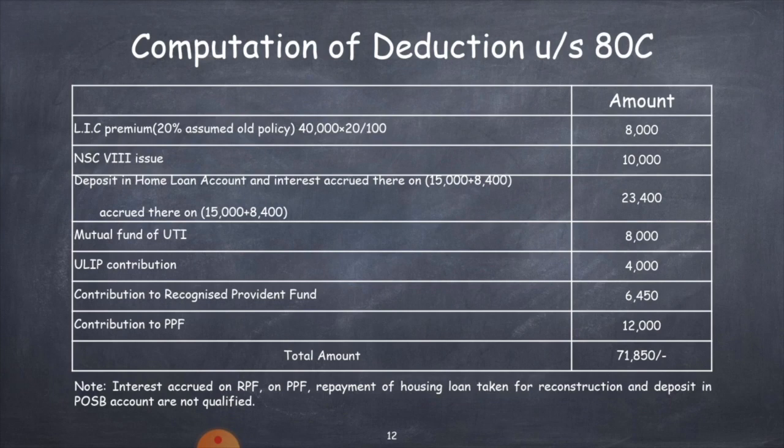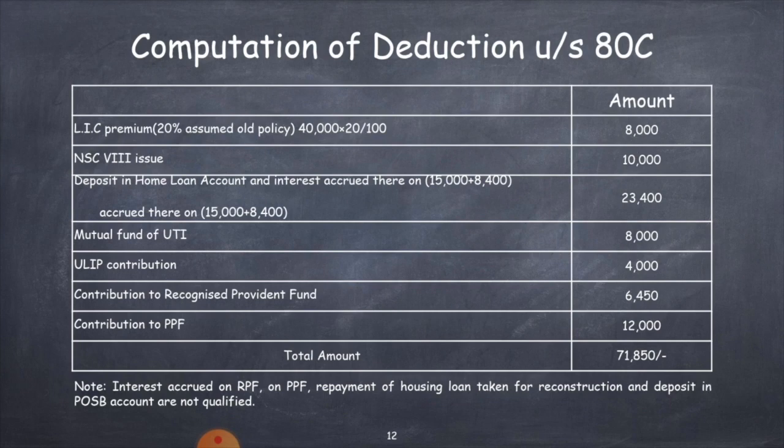Here, when I was explaining the LIC premium paid, I already told you, if the policy was taken before 1st April 2012, 20% of the amount can be claimed for deduction. If the policy is taken after 1st April 2012, only 10% is eligible for deduction. Here you can consider both, because nothing is particularly mentioned.